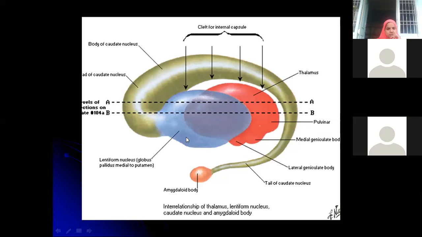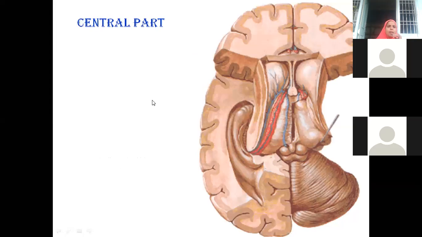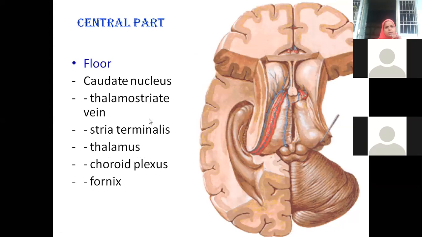Now what are the various things? The red structure is the thalamus. Then whatever you are finding in blue is the lentiform nucleus, and the green one is the caudate nucleus. The caudate nucleus has head, body, and tail. The tail is related to the amygdaloid body. The central part, we have already done, the central part is floor.